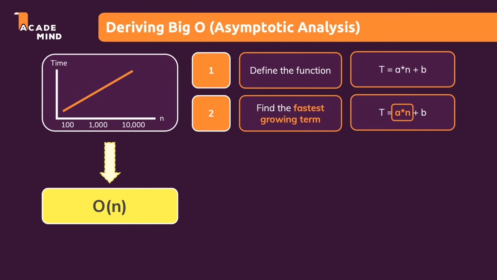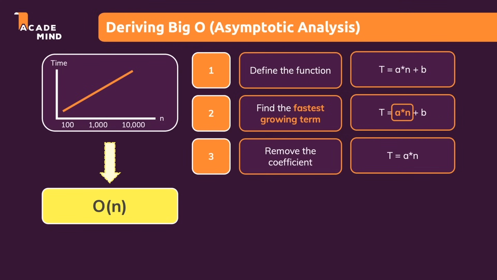It's always exactly the same number. A times n, on the other hand, depends on n, and for a bigger n, that term is bigger. So now that we found this fastest growing term, we remove the coefficient from that term, because again, we don't care about the exact numbers, we care about the general picture, the big picture, the general kind of function.